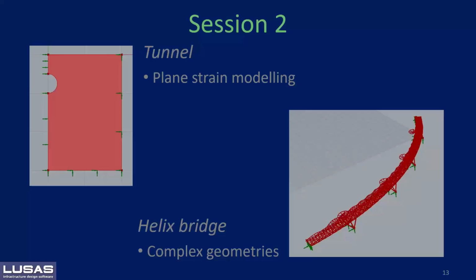That's just a simple tunnel model using the plane strain capability. There's an interim example as well, but just one I've got on the screen here is the Helix Bridge. So you would have seen a photo of that earlier on in the presentation. That's an example of a much more complex geometry being run out of Grasshopper and Rhino and into LUSAS.